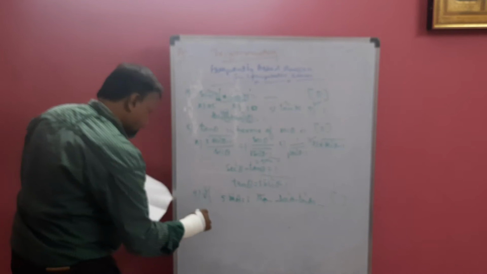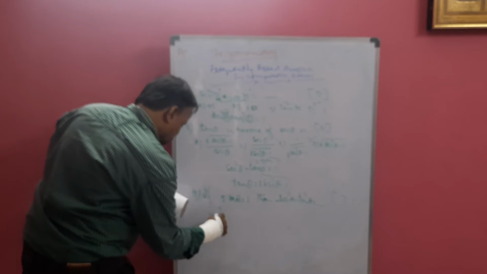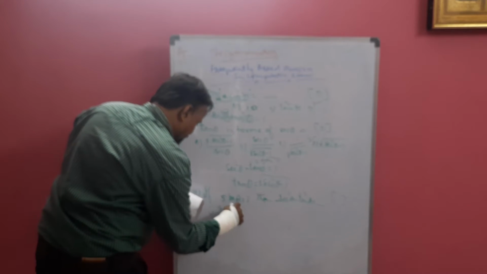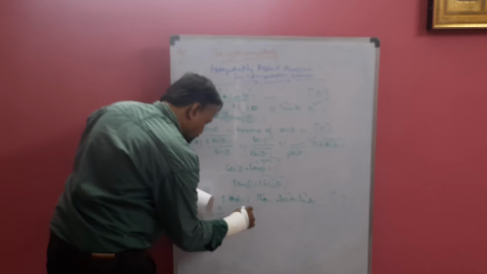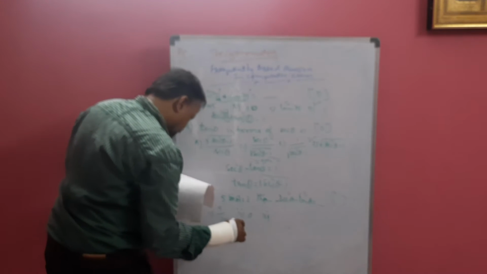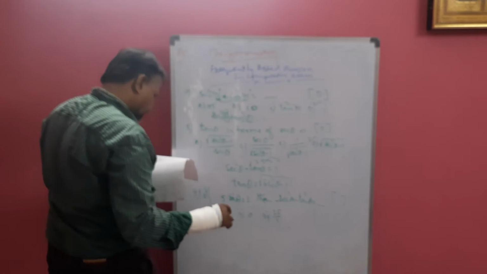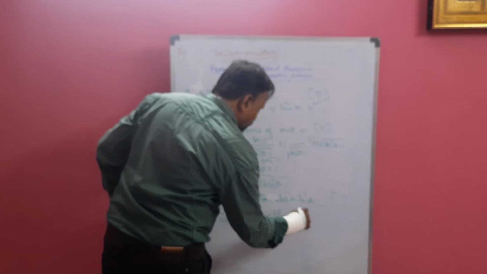The options are given: the first one is 9 by 25, the second one is 0, the third one is 25 by 9, and the fourth one is 1. The question is a very typical one.